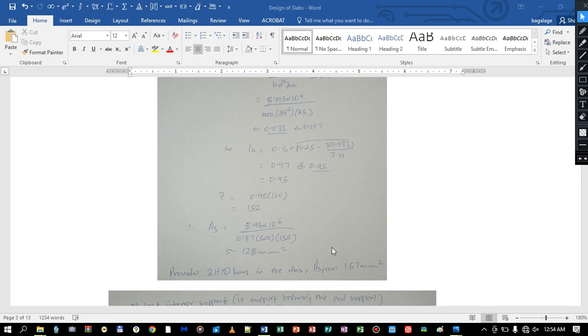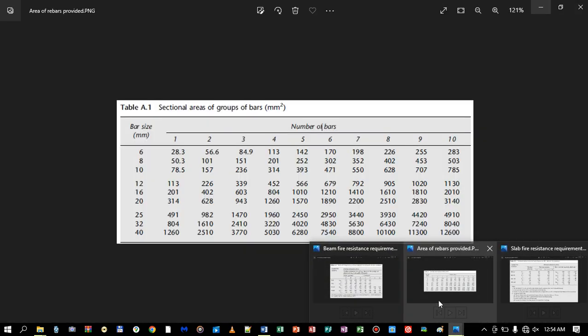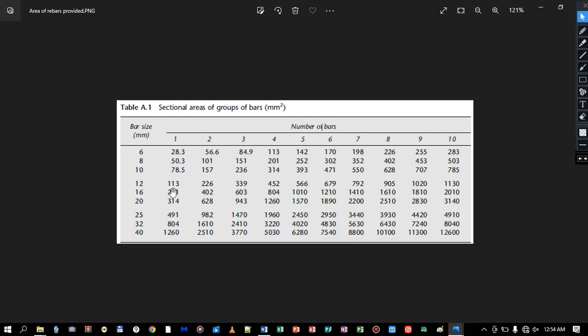128 mm squared. So from our steel tables, 128, we get 157.